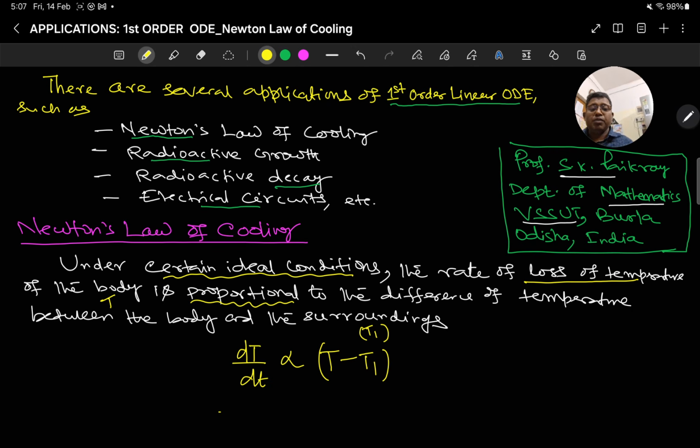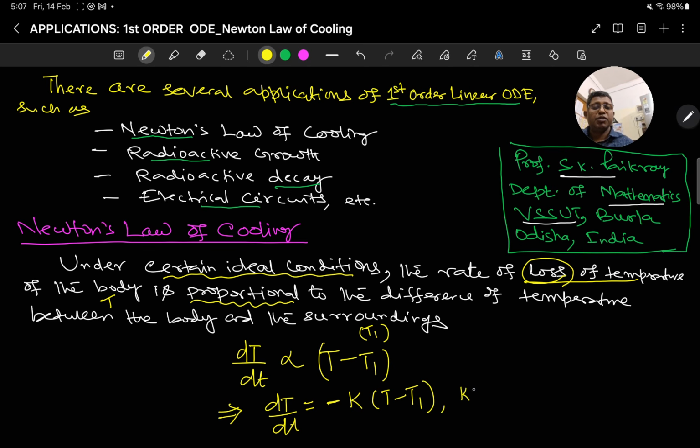So this implies dT/dt, since we are talking about the loss of temperature, I multiply by the constant of proportionality. A negative sign is here because of the loss. It is -k times (T - T1).